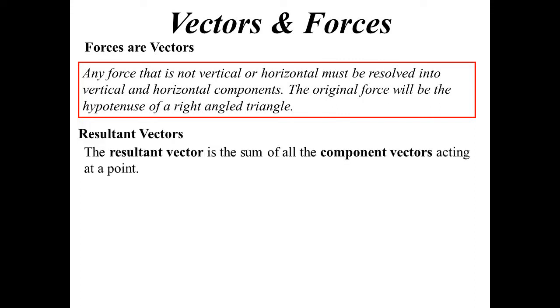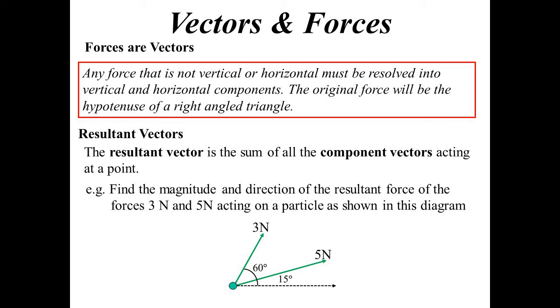Resultant vectors. A resultant vector, remember, is the sum of all the component vectors. So it's the same with forces. A resultant force will be the sum of all the component forces. Here's a simple little example. We want to find the magnitude and direction of the resultant force acting on this little particle here. And we've got two forces at different angles. One's 3 newtons and one's 5 newtons.